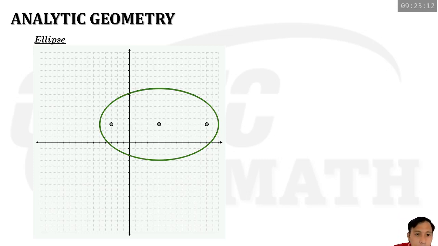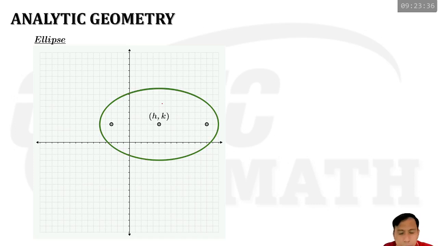Bali, if mag-focus tayo ng isang point dito, yung sum ng distance na ito at saka distance na ito is constant na siya, no? So, kahit anong point on that path, say ito, ang sum nito at saka ito is also the same, okay? The same siya. So, yan yung definition niya.